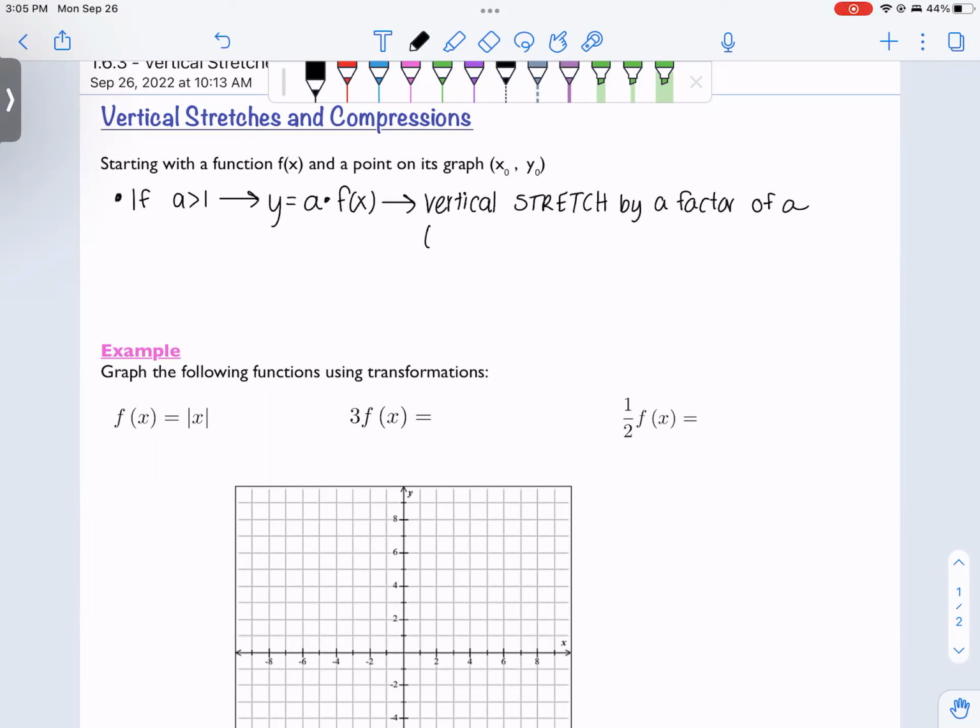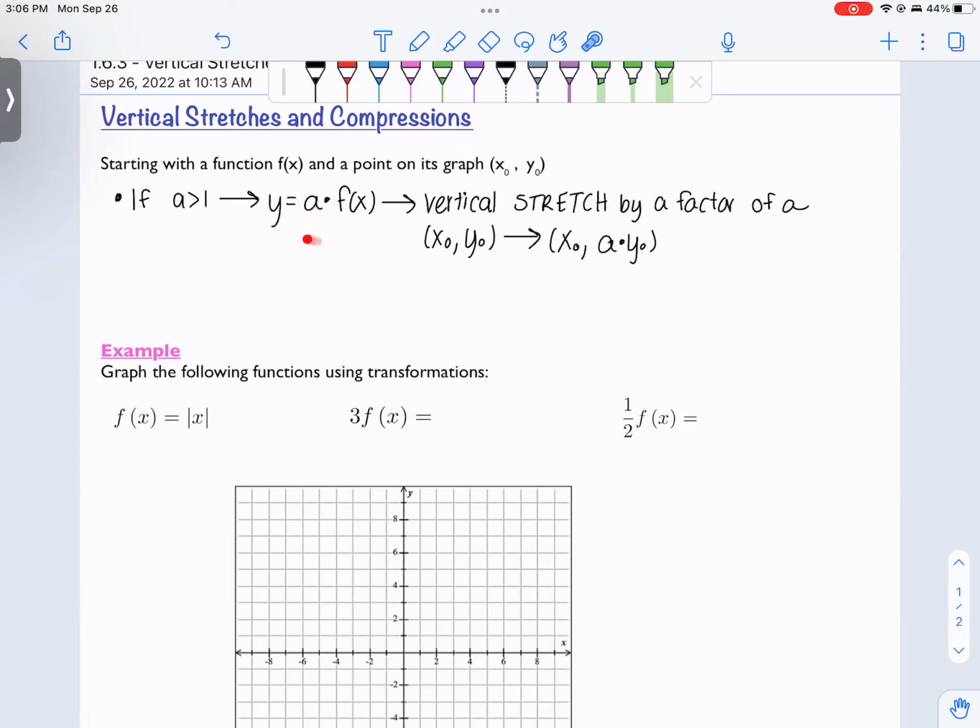What happens is your original point, x naught comma y naught, will get relocated. Same x position, but now we multiply the y value by whatever value is out front here. And that makes sense, right? y and f are the same thing.